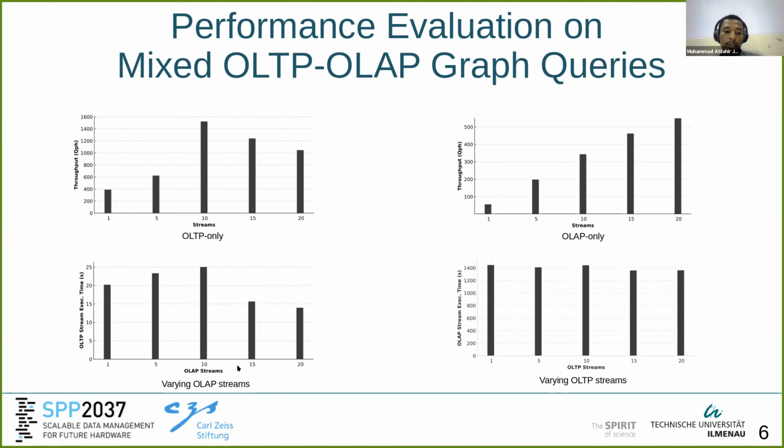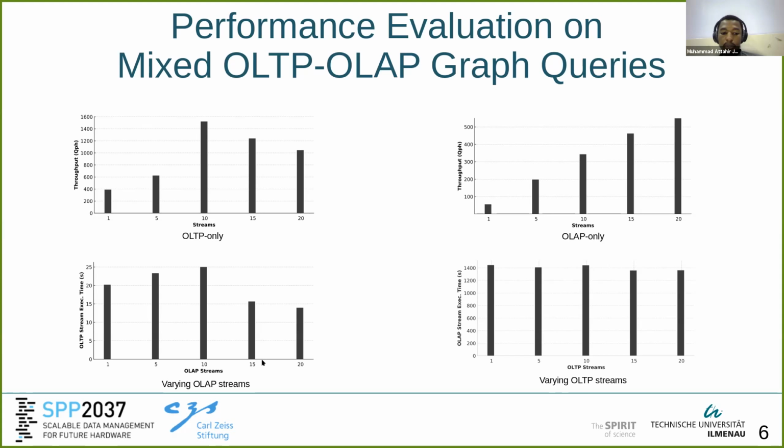For the varying OLTP streams, we fixed an OLAP stream and then concurrently ran OLTP streams. What we see is that increasing the number of OLTP streams does not affect much the execution time of an OLAP stream.